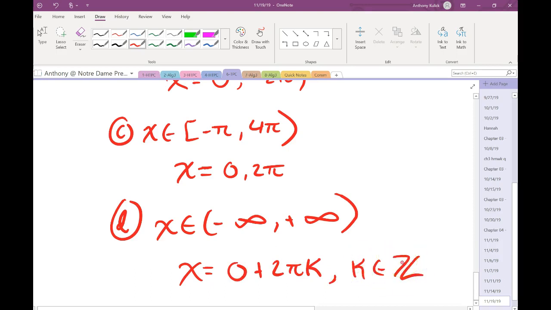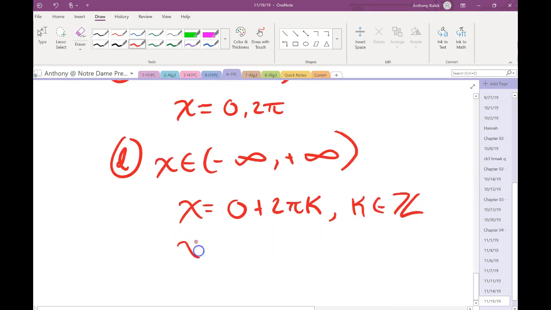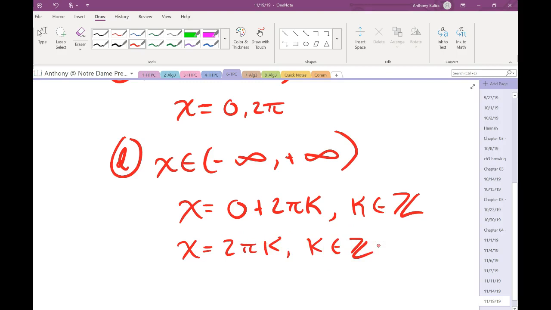It's an integer. Do we really have to write the 0, though? We could just write it as 2 pi k, right? Because 0 plus anything is itself. It's not wrong to leave the 0 there, but I probably wouldn't have included it on an answer key or something. What do you guys think? It's not so bad, right?